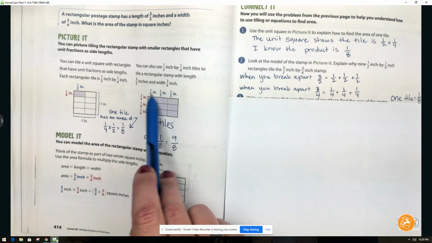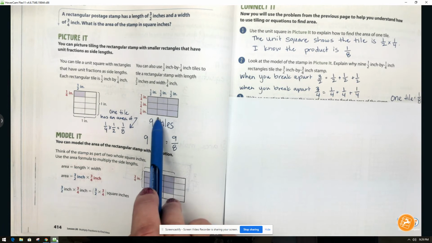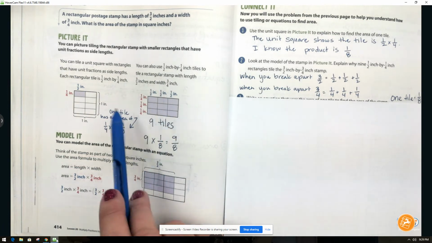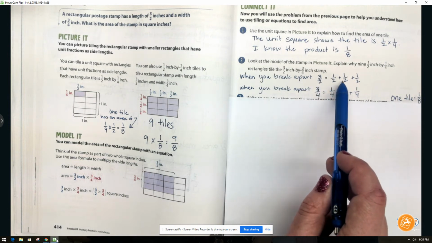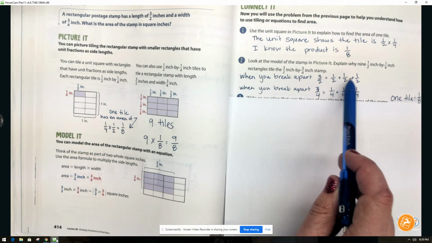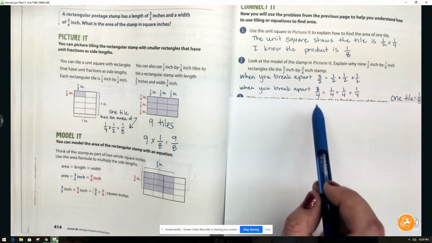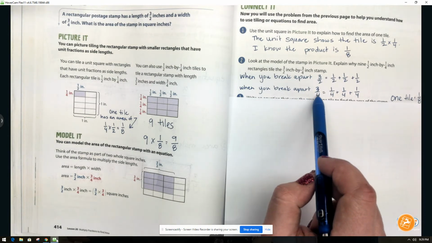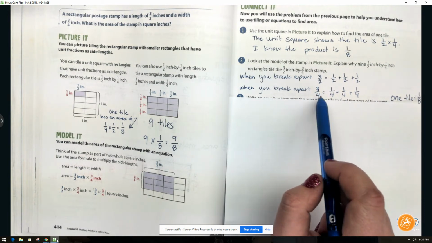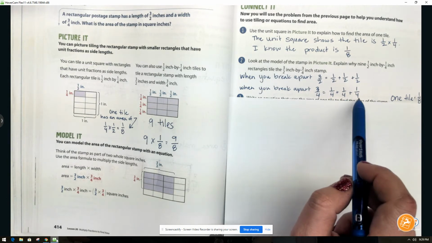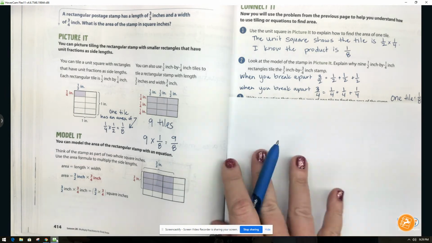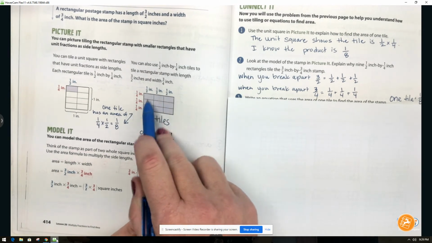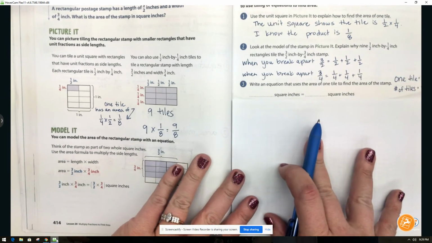We used unit fractions to draw our tiles. We broke apart 3/2 into 1/2 plus 1/2 plus 1/2. Each of these is a unit fraction because the numerator is 1. And then we broke apart 3/4 into unit fractions by 1/4 plus 1/4 plus 1/4 because we have 3/4. So that's how you can draw your unit fractions.